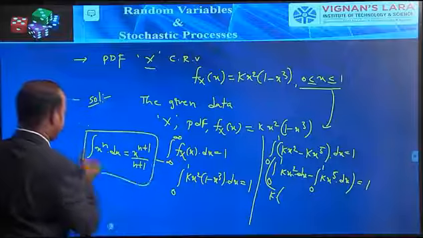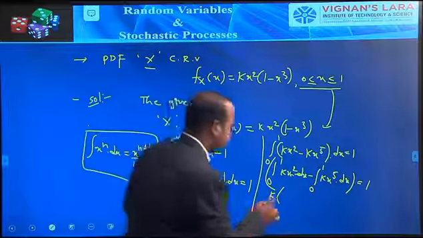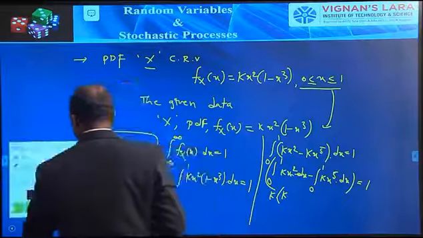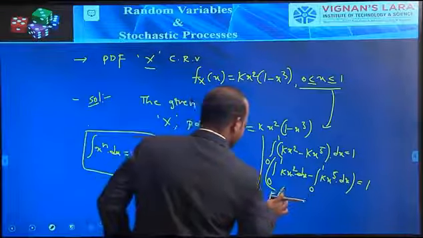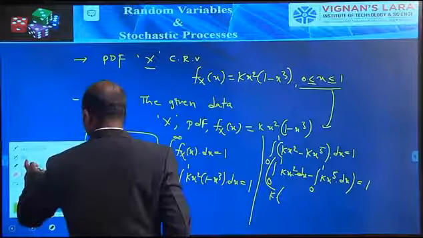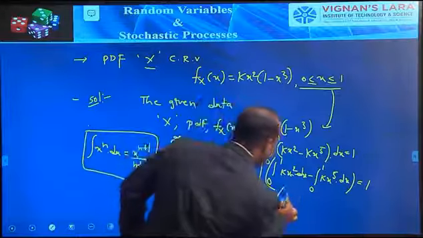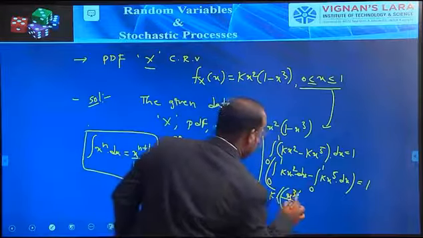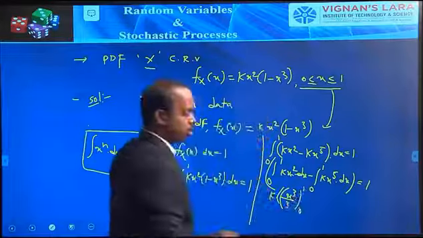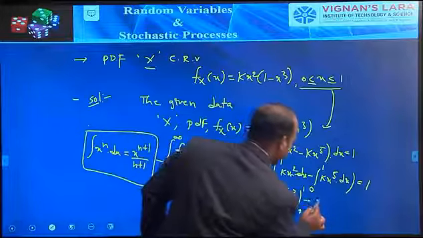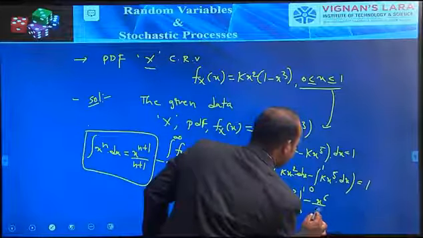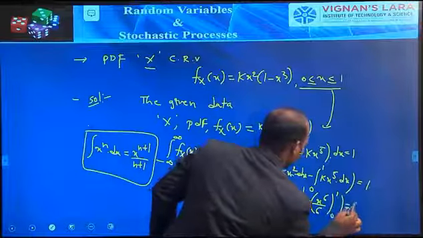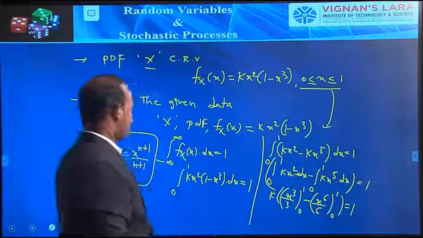Based on this formula, I write the integration: k times x cube divided by 3, limits 0 to 1, minus x power 6 divided by 6, limits 0 to 1, is equal to 1.